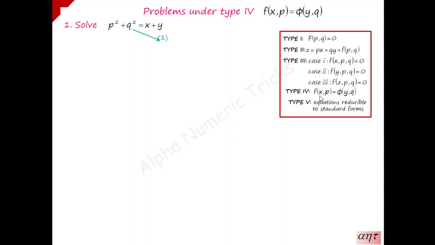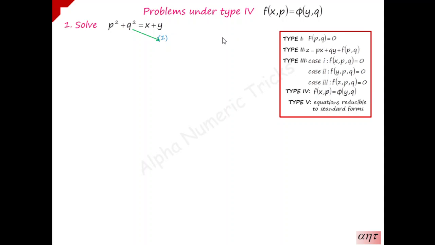After separating x terms together and y terms together, you have to equate that to some constant, each equated to that constant, and using that we find the values of p and q. Those values are substituted in dz is equal to p dx plus q dy, and integrating we get the complete integral or complete solution. Then the singular and the general integrals are as usual, like your previous types.